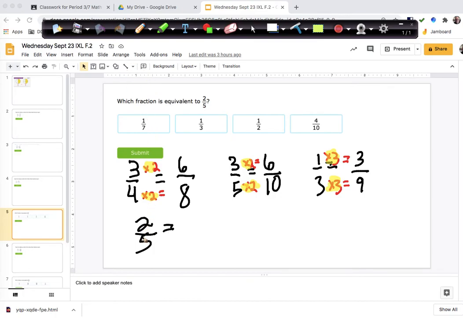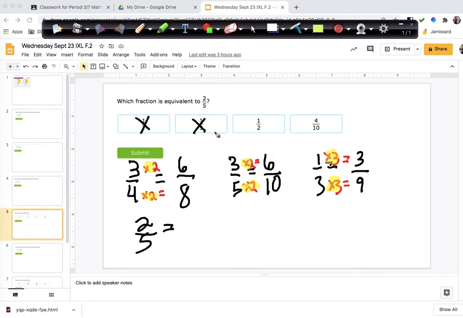And if we compare the 2 to the 5, it's a little less than half of 5, and 1 is nowhere near half of 7. Then we discussed that we're probably going to have some multiplier. 5 times something is 3, or 3 times something is 5, and that is going to be kind of messy. It's not going to be a whole number, and this IXL lesson probably doesn't have fractions like that.